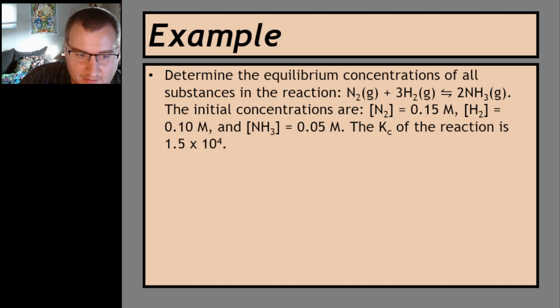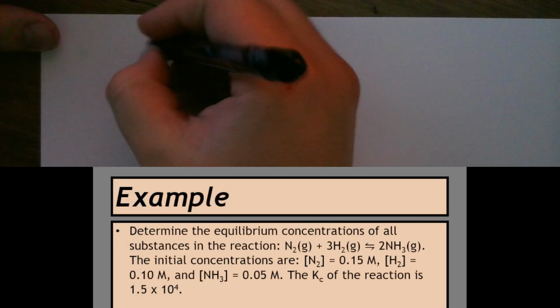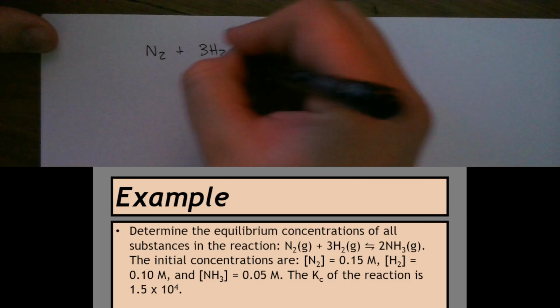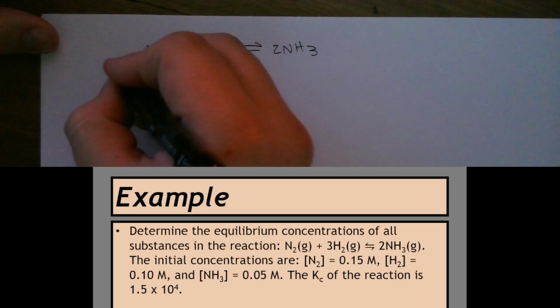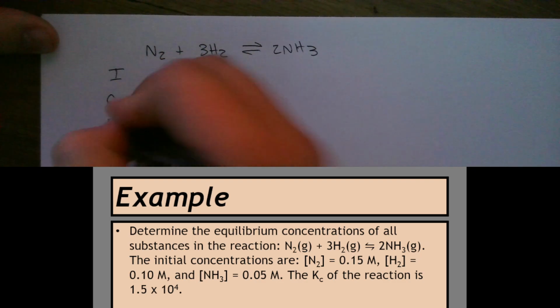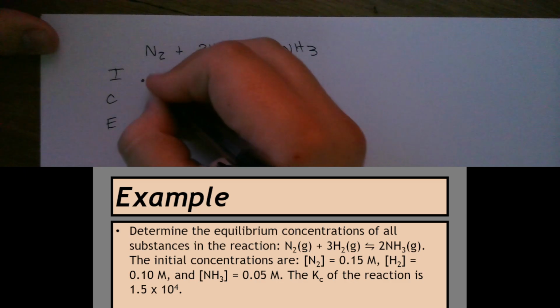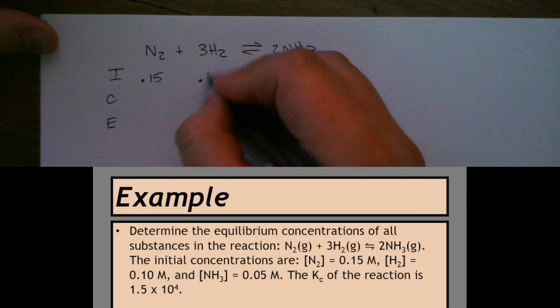I'm going to do the same as I did before. I'm going to write all this information into my ICE table. I'm going to write my reaction. I'm going to write the word ICE. My initial concentrations, N2 is 0.15. H2 is 0.10.